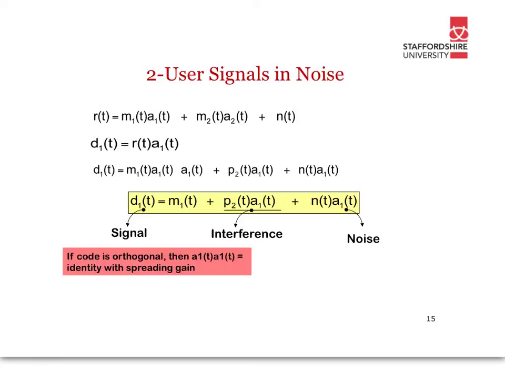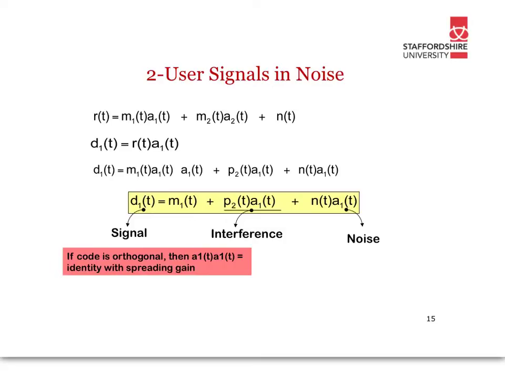So what we have is M1 of t, A1 of t times A1 of t, plus P2 of t, so the power of our second message, times A1 of t. So essentially P2 of t is M2 of t, A2 of t times A1 of t, plus noise, or the additive white Gaussian noise, times A1 of t.